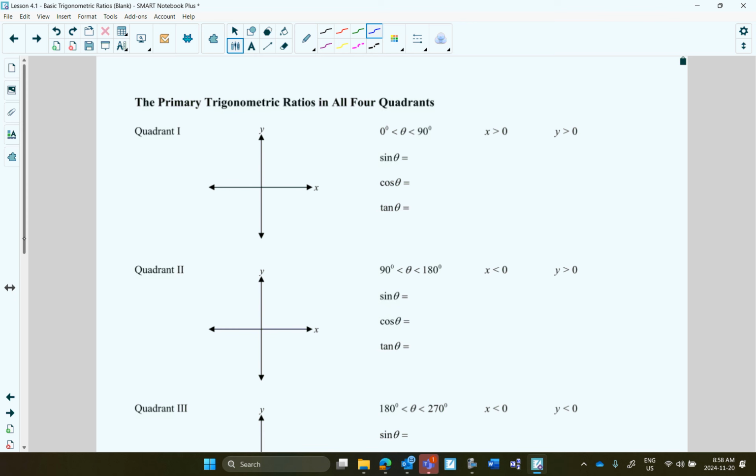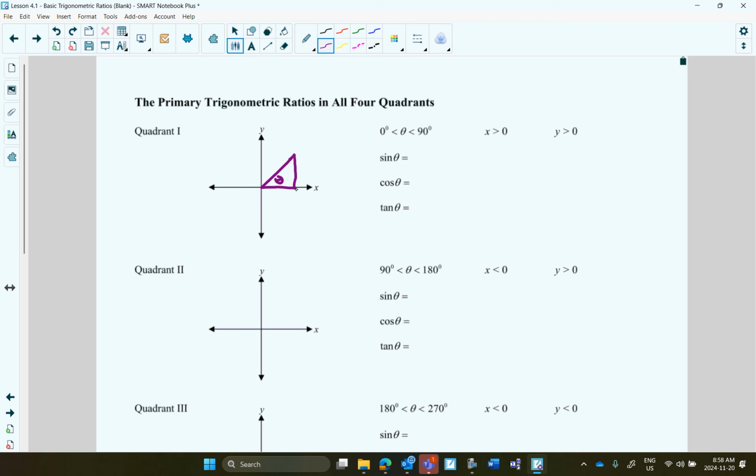Because we know how to do trig using right triangles, here I have an angle in quadrant 1. To make a right triangle, all I do is draw a vertical segment from the terminal arm to the initial arm.